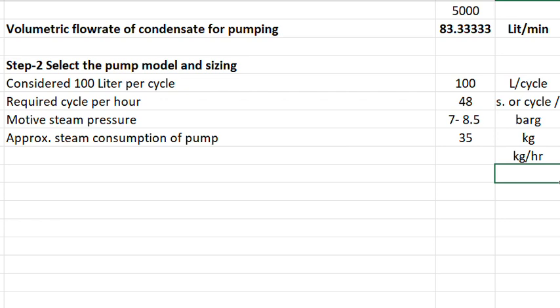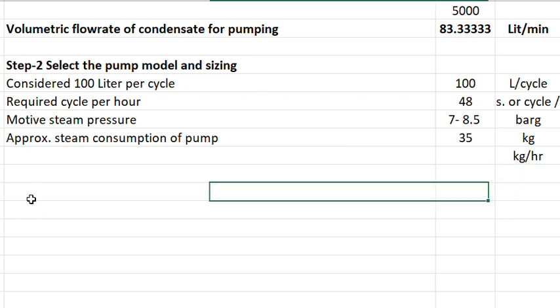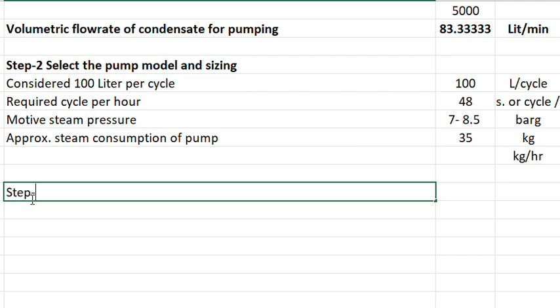Now we have the condensate flow rate and its required cycles, and we have selected the model. The next step is to select the sizing. This step 3 is steam condensate line sizing.